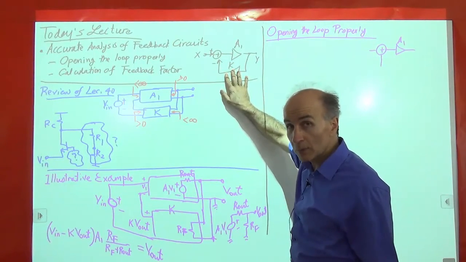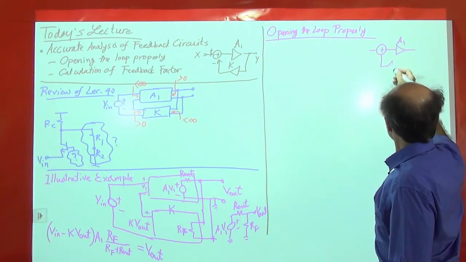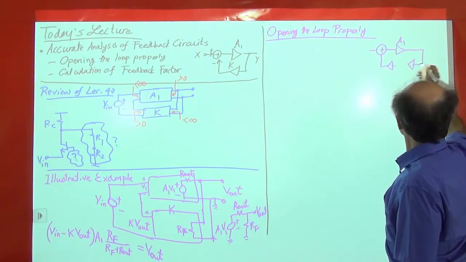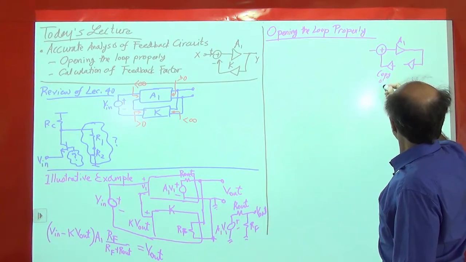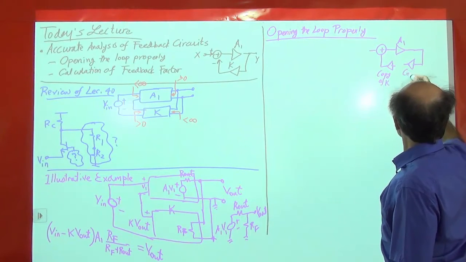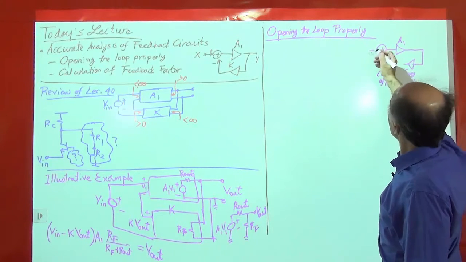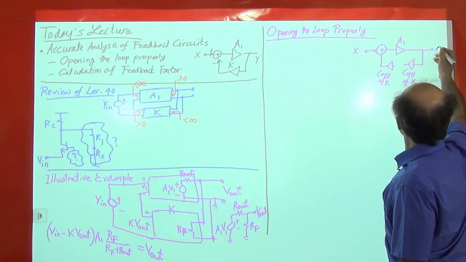So actually what we will do is this. We break the loop, and we have a copy of K here and a copy of K here. So this is a copy of K, and this is also a copy of K. And this is X, and this is Y. This is the open loop system now.